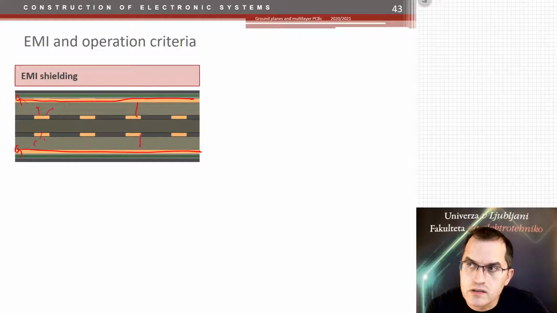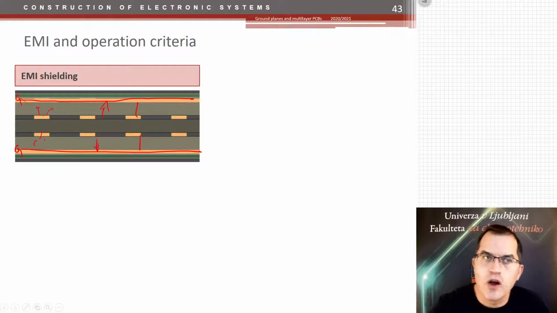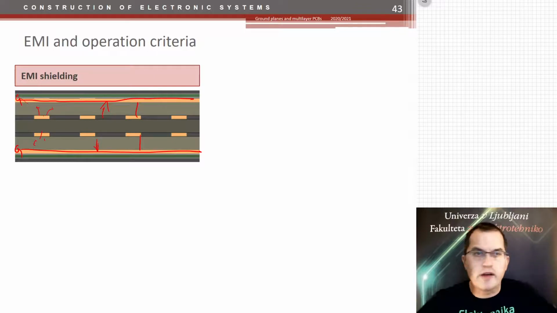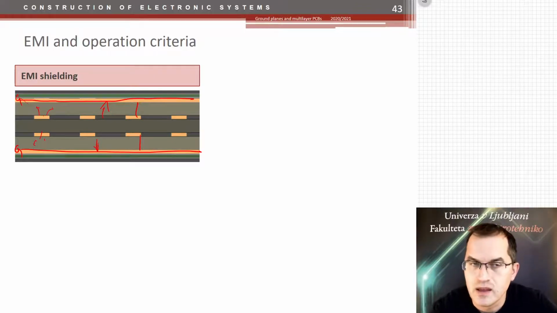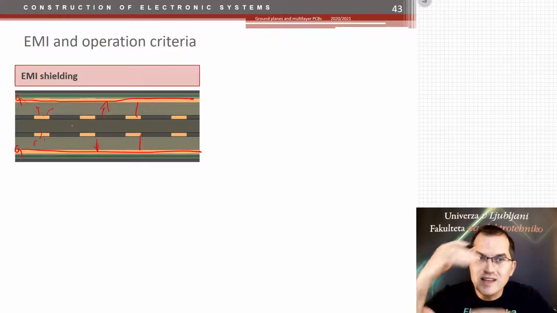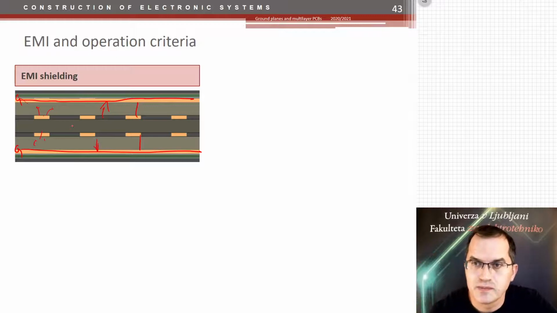So all that noise would be kept within this stack, this sandwich of two grounds, or power and ground, because this nice big copper area acts as a shield between the tracks on the outside. So for EMI shielding, it's better to keep high frequency tracks within the layers.